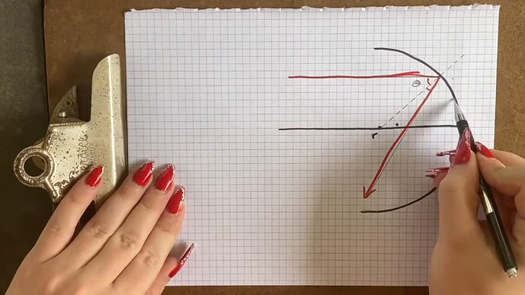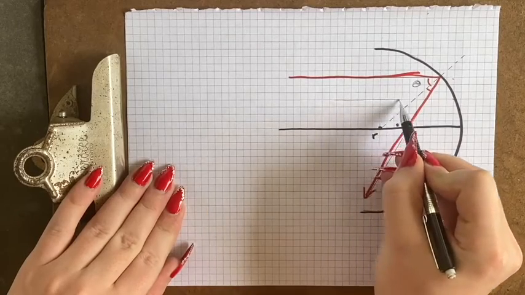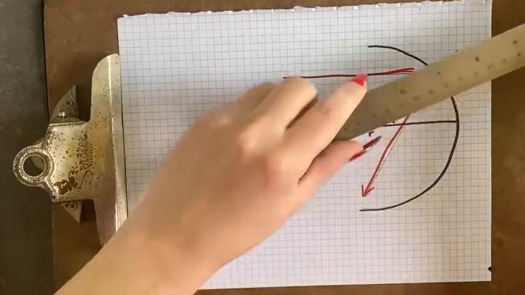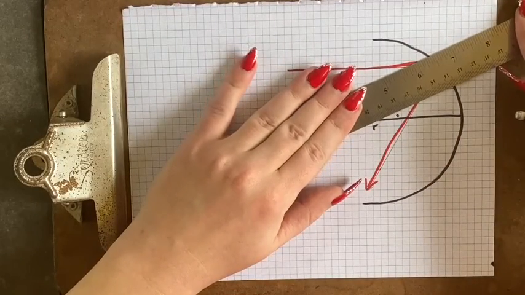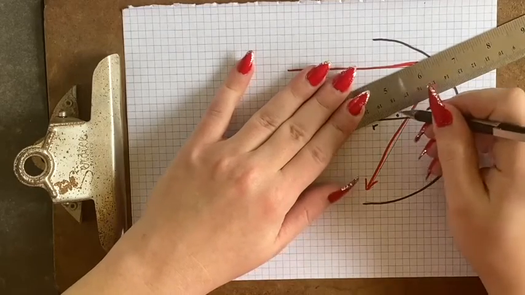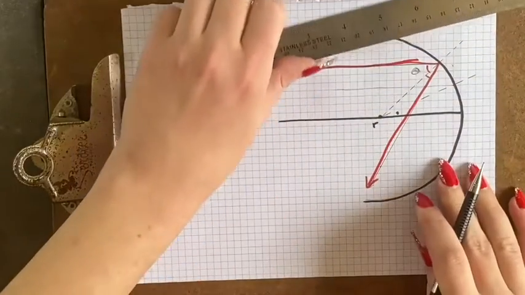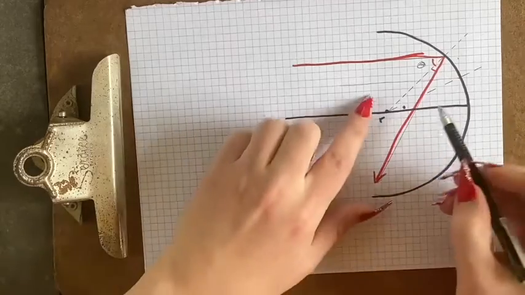Here's a mark here. Looks good. If we come in, I need some kind of a normal line with a measurable slope. Okay. And then again, find the slope and double it.